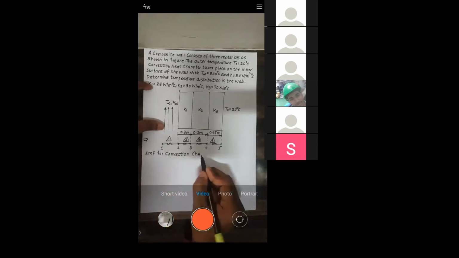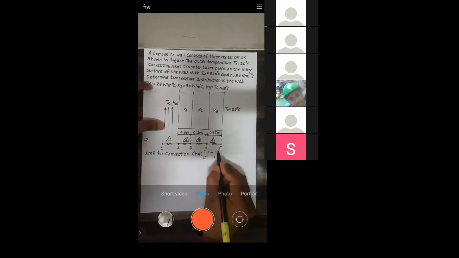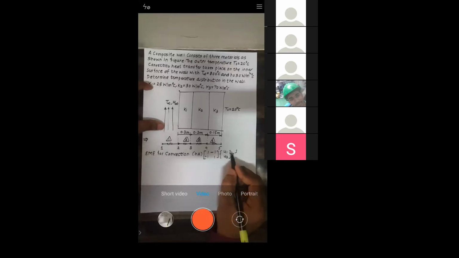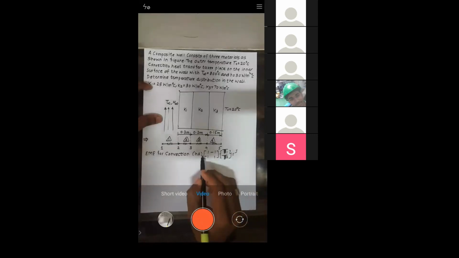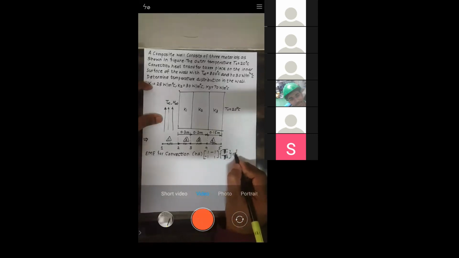It is H into A, [1 -1; -1 1], into U1 U2 is equal to... here you don't have U1 U2. Rather we need to write T1 T2. I will not write theta. Because we have temperature, so [K] {T1 T2} is equal to {Q1 Q2}.